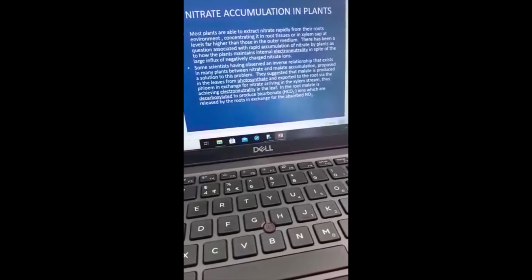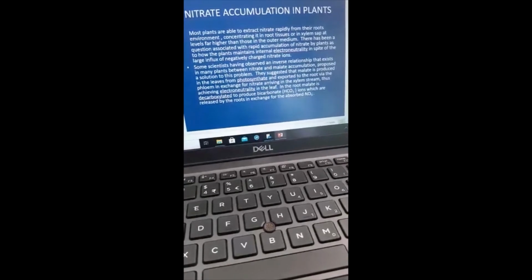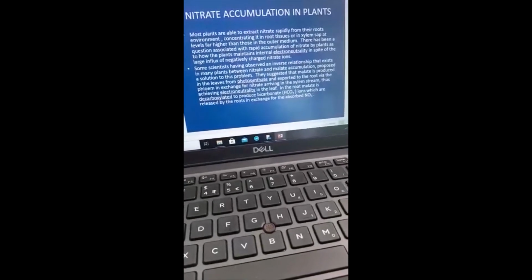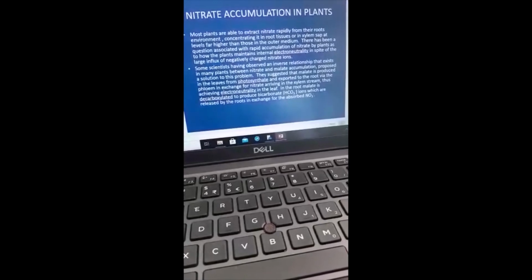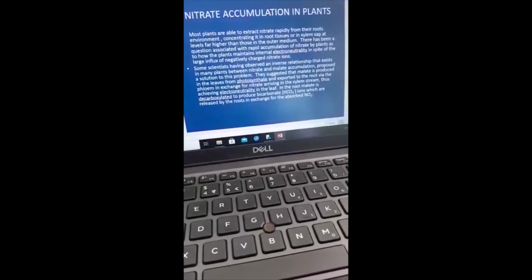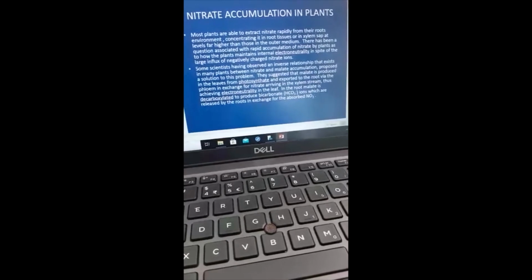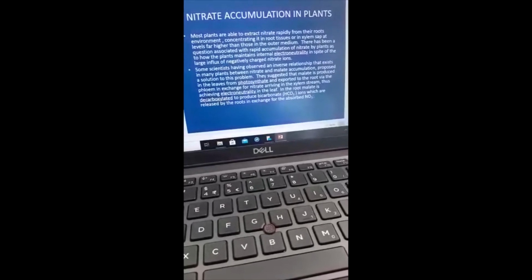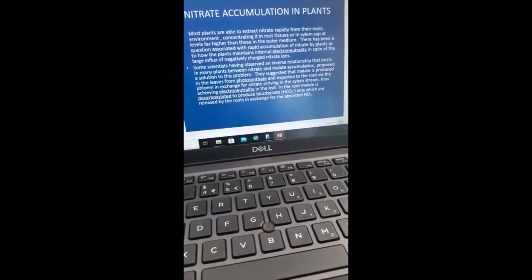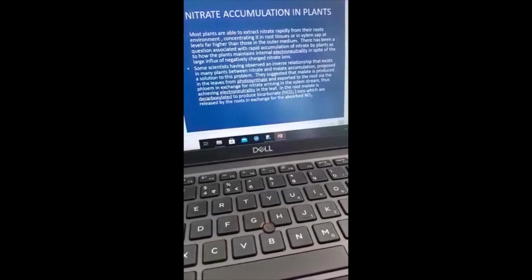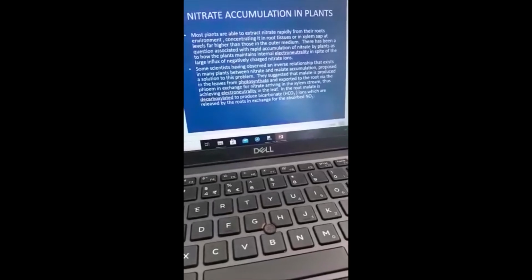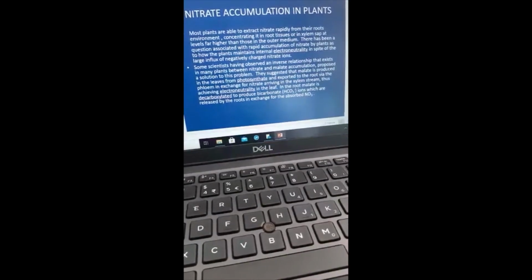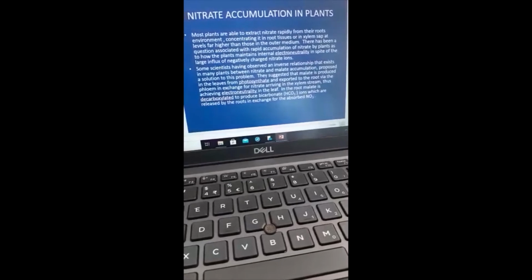And within the leaves, there is a negatively charged compound called malate. Potassium attaches itself to this malate within the leaves, and it comes down as potassium malate via the phloem back to the root. Upon reaching the root, potassium detaches itself from malate, and malate is broken down into bicarbonate and pyruvic acid.